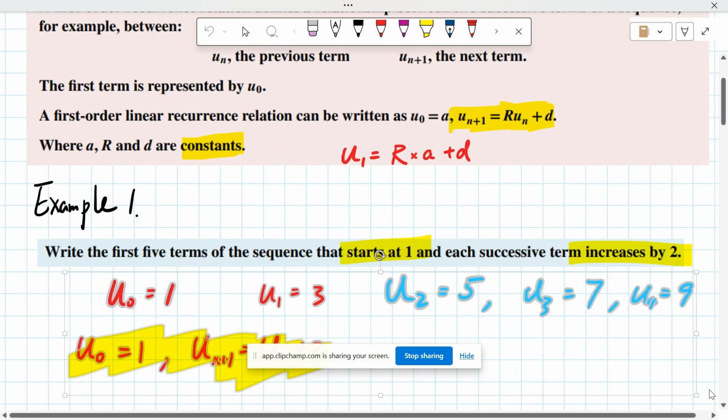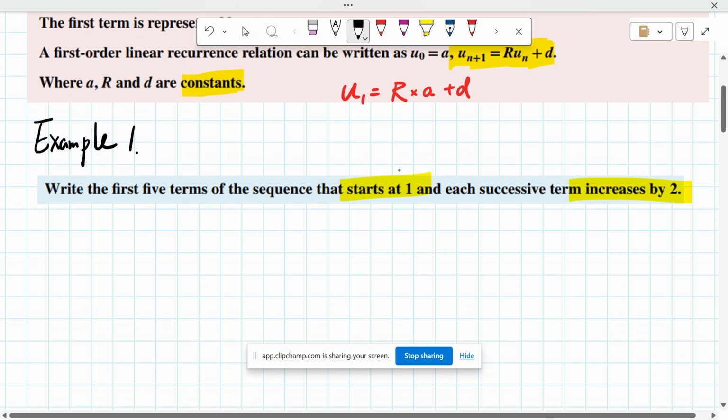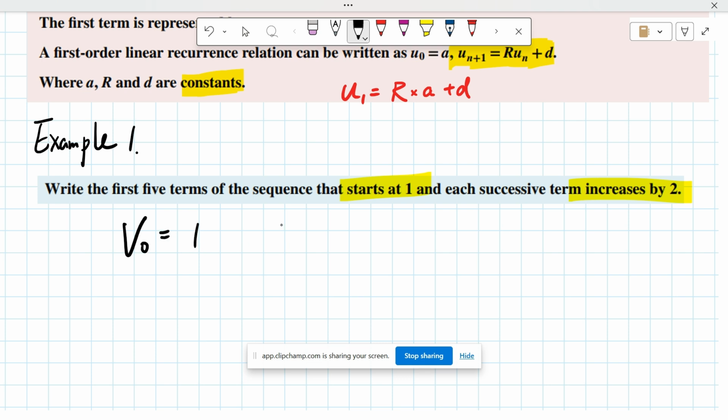Let's have a look at one example. The first 5 terms of a sequence starting with 1. So v0 equals 1, and successive terms increase by 2, so each term will be plus 2. The first one will be v1 equals v0 plus 2, or we can say v(n+1) equals v(n) plus 2.